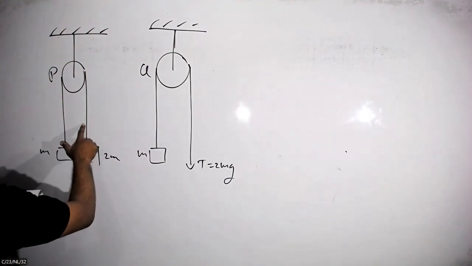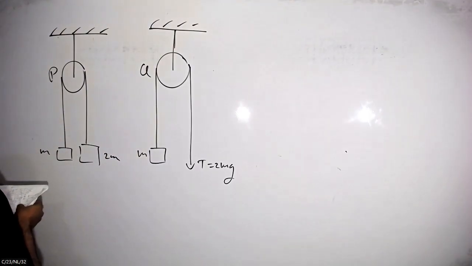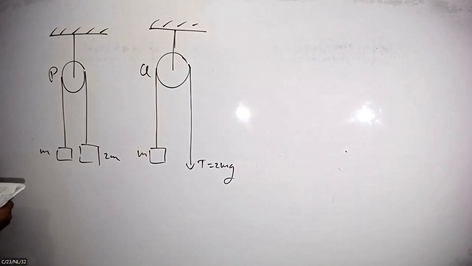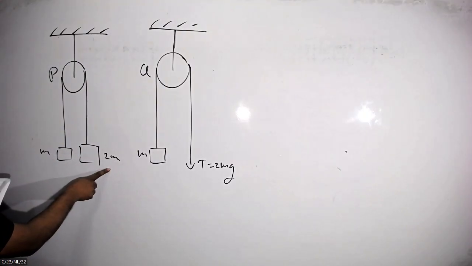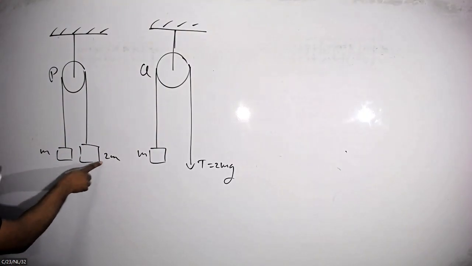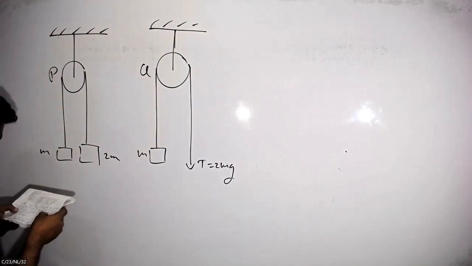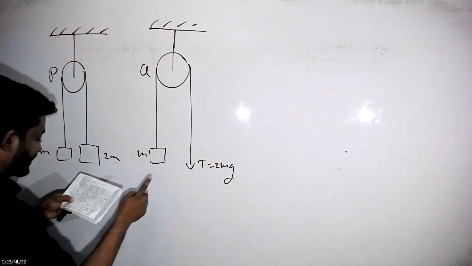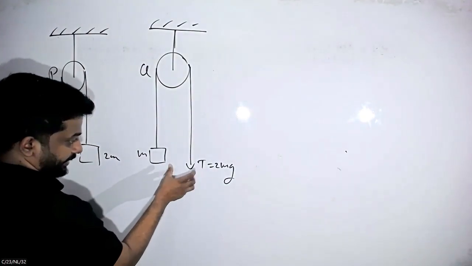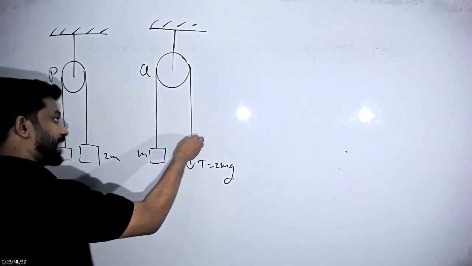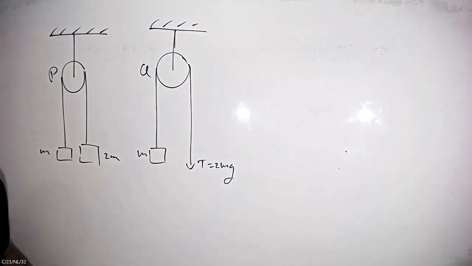The mass M in system P is being lifted by the 2m mass, and the mass m in system Q by a 2mg force. Here the 2mg force is directly applied to the string, right? We have discussed this question in your class.